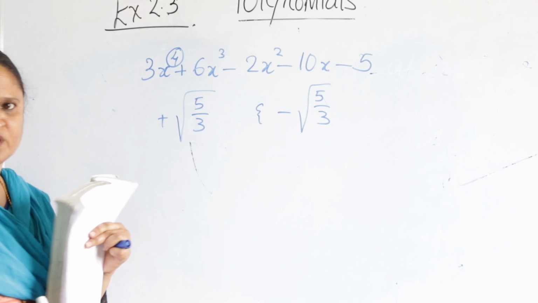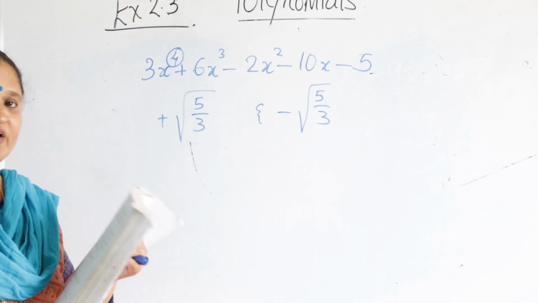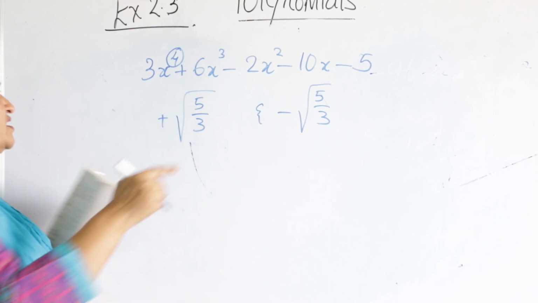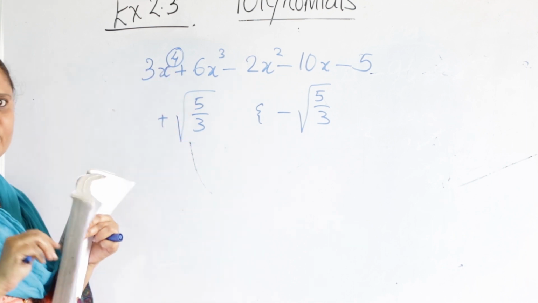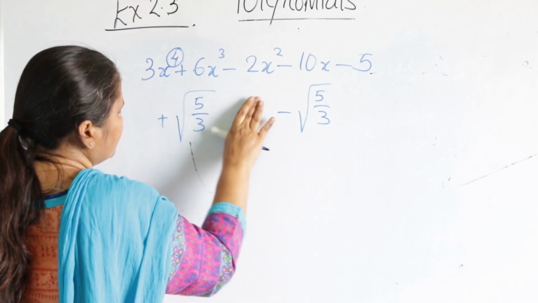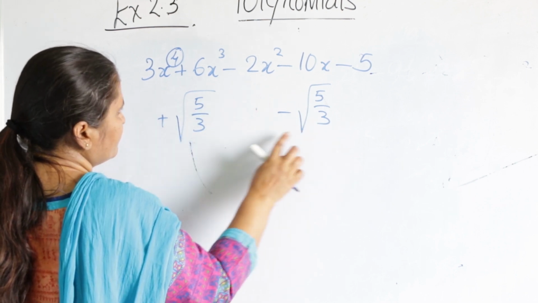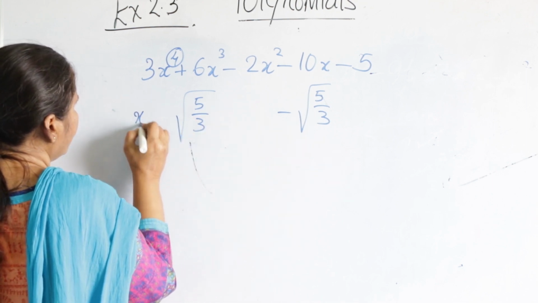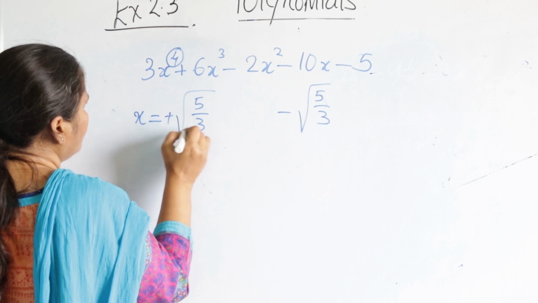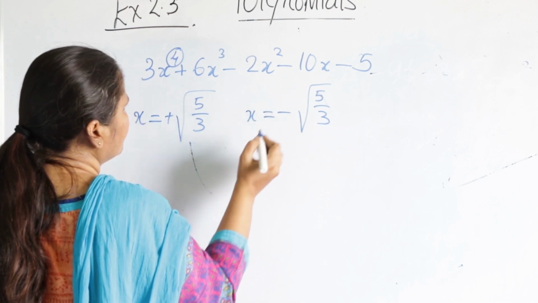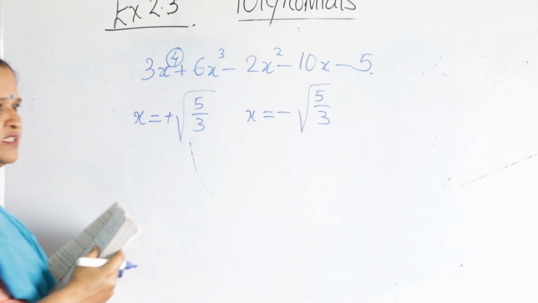They have given two zeros, and we have to find how many more zeros? 2 more zeros, because the degree of the polynomial is 4, right? Now, how do we start this? These two are zeros, which means we can say x is equal to plus root 5 by 3 and x is equal to minus root 5 by 3.